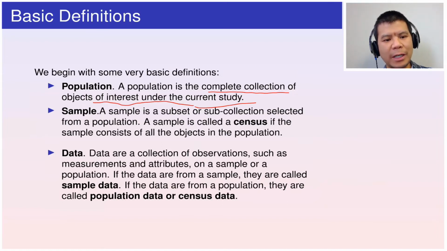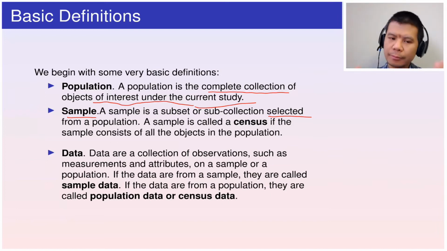Now, in contrast with population, we have another concept called a sample. What is a sample? A sample is a subset or subcollection selected from a population. We just say selected. It doesn't have to be random. As long as it is a subset or subcollection from a population, then it is a sample.